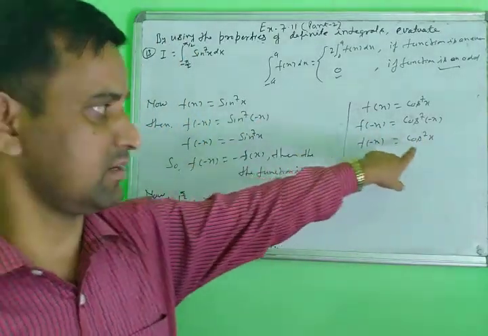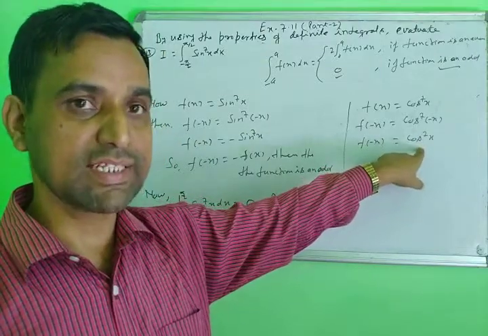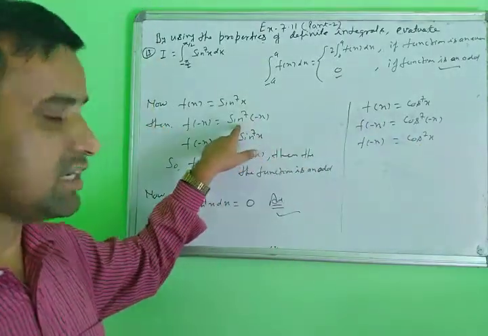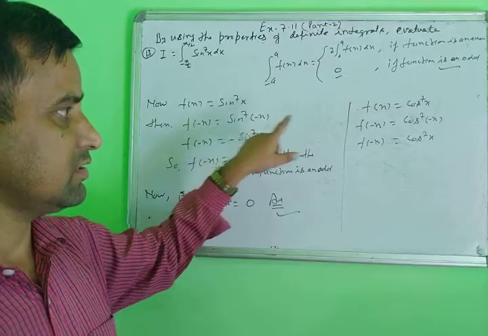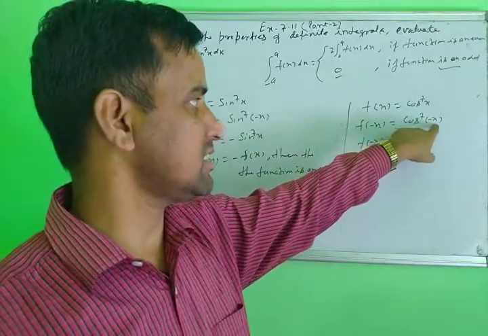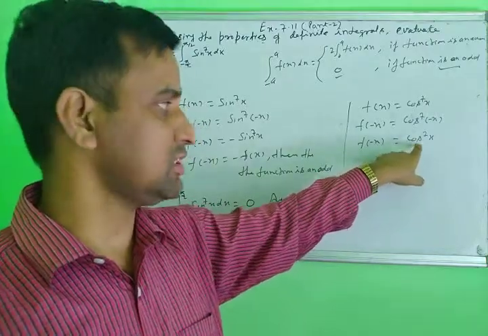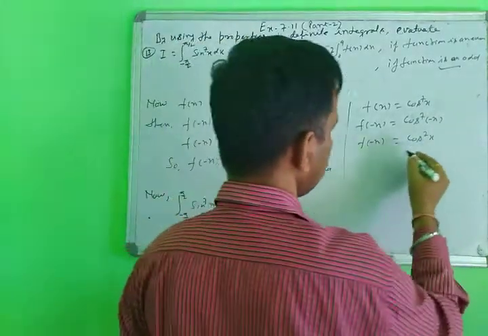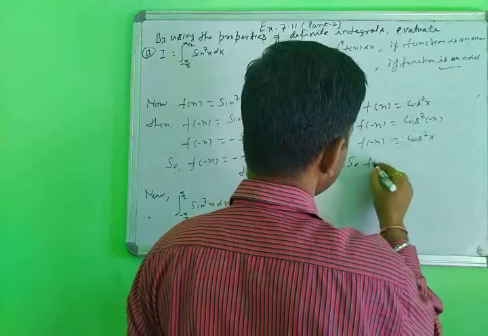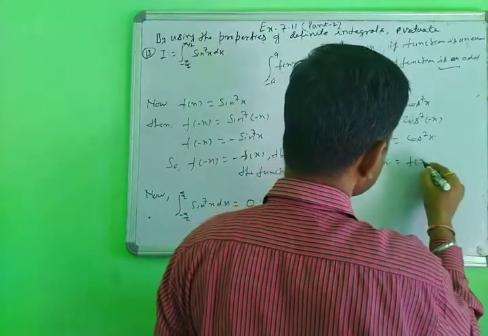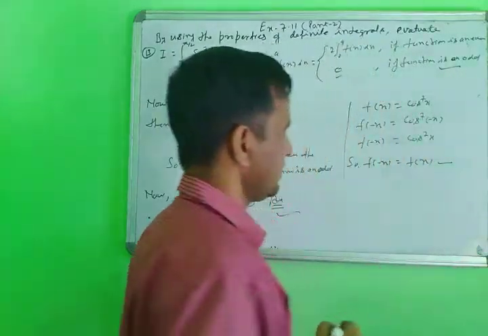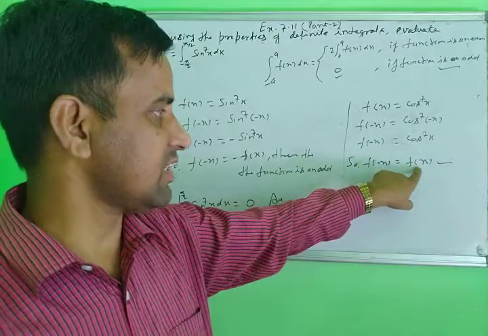This is the fourth quadrant, where cos and sec are positive and the other trigonometric ratios are negative. So cos minus theta is cos theta, and you can say f(minus x) equals f(x).